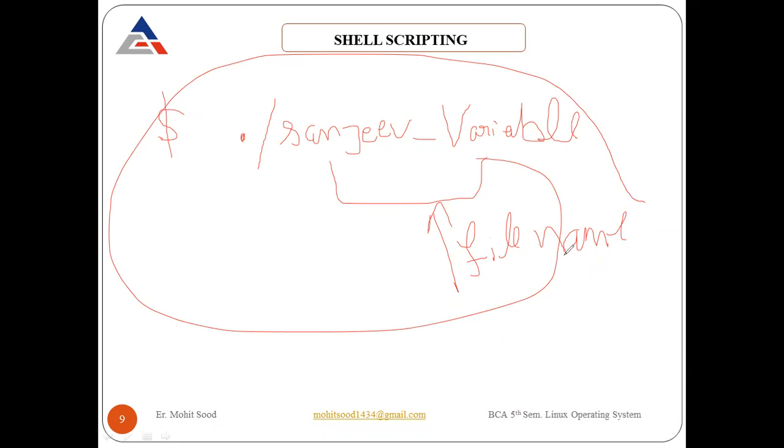So this is all about shell scripting, how to write a program in the vi editor in shell script. In the next lecture, I will tell you practically how to run these programs.